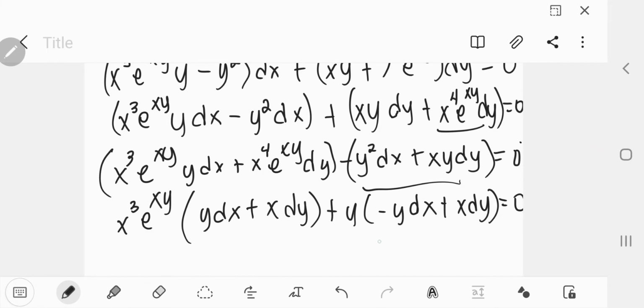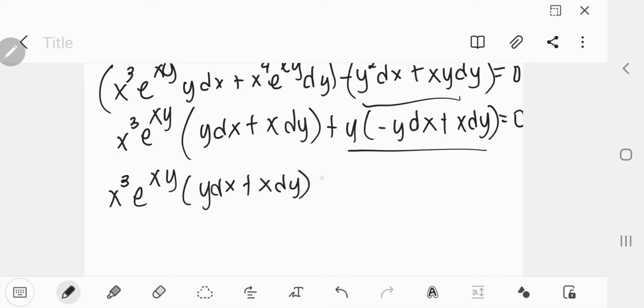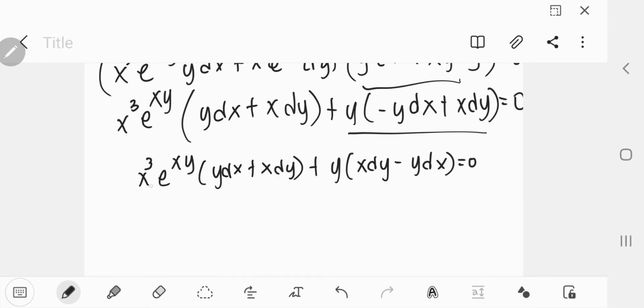And now let us rearrange it. So we have x raised to 3 times e raised to the xy times (y dx plus x dy) plus y times (x dy minus y dx) is equal to 0. In order for us to remove this x cubed and to have y over x, let us multiply both sides by 1 over x cubed.